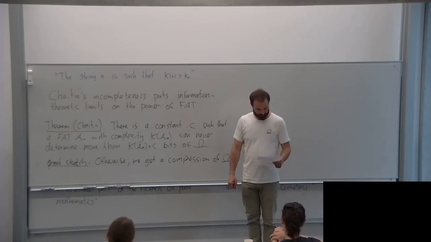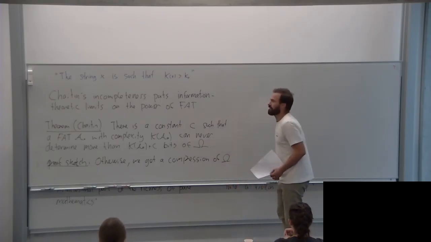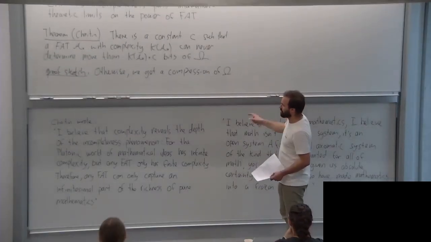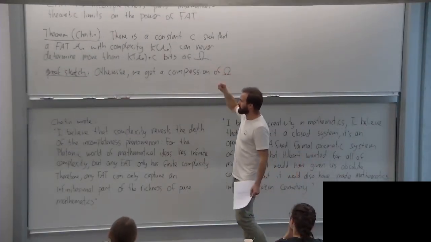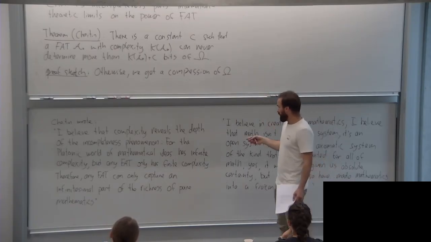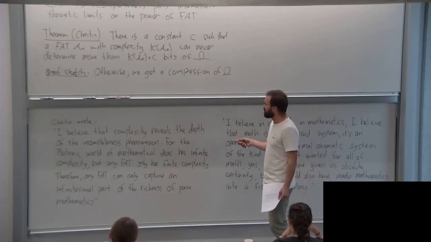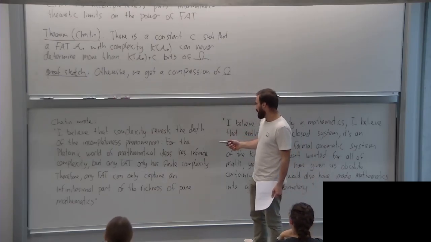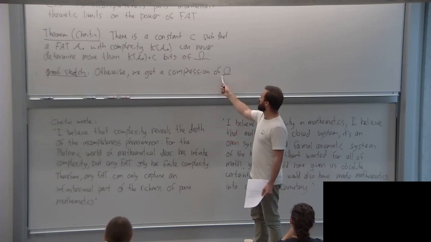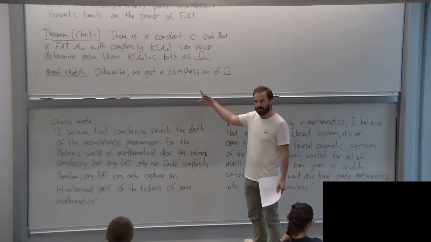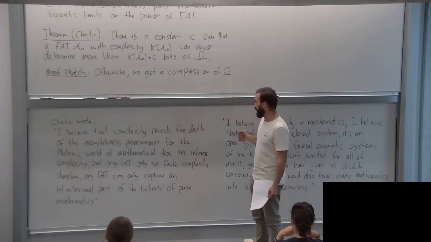Good. So I wanted to do that because I have a few quotes from Chaitin, and I think the first quote is more in line with this form of incompleteness than the other one. So Chaitin wrote, "I believe that complexity reveals the depth of the incompleteness phenomenon, for the Platonic world of mathematical ideas has infinite complexity." You can understand it as there's infinite complexity in omega. Omega is a real number, it has infinitely many digits, it has infinite complexity.